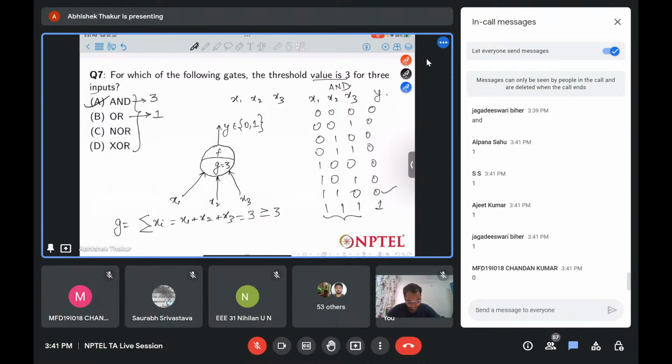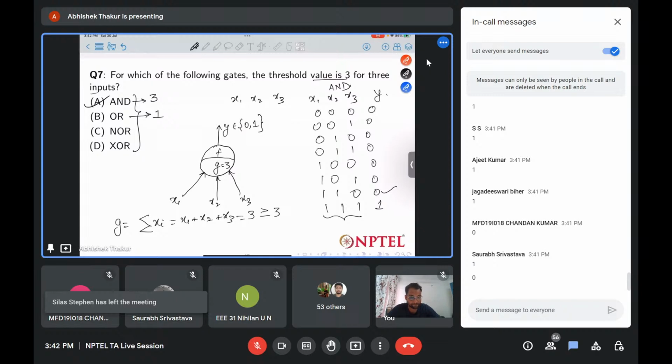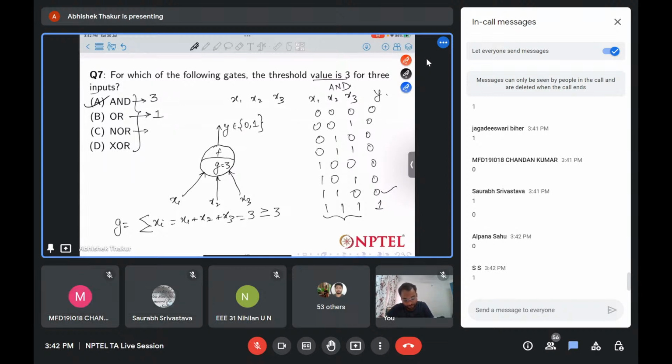And for the NOR gate, 0, correct. And for the XOR gate, for the NOR gate, it will be 0. I guess someone answered differently also.